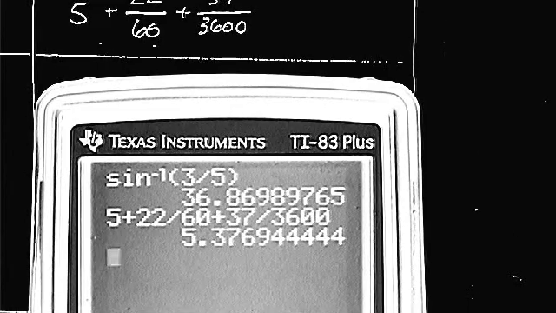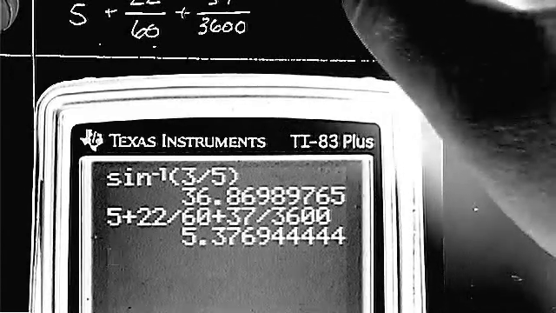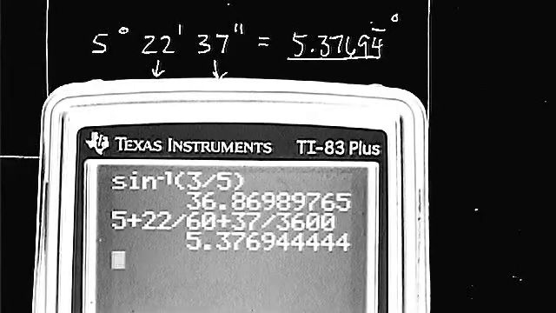So this is the number of degrees: 5.37694 repeating. Not terribly difficult.